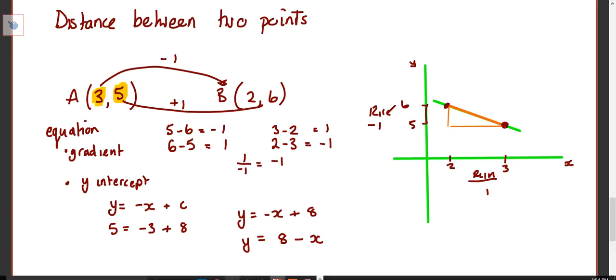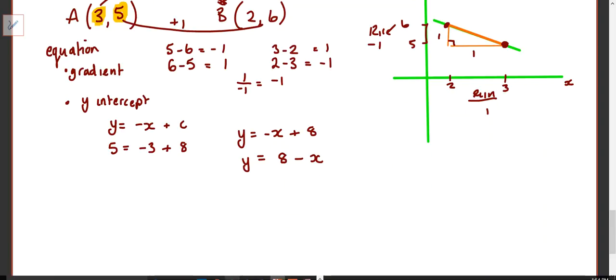positive 1. So what have I drawn by doing rise over run right next to the line? A triangle. What type of triangle? A right angled triangle. And what can we use to find the length of one of the sides? Pythagoras' theorem. So, to find the distance between those 2 points, I use my rise over run.